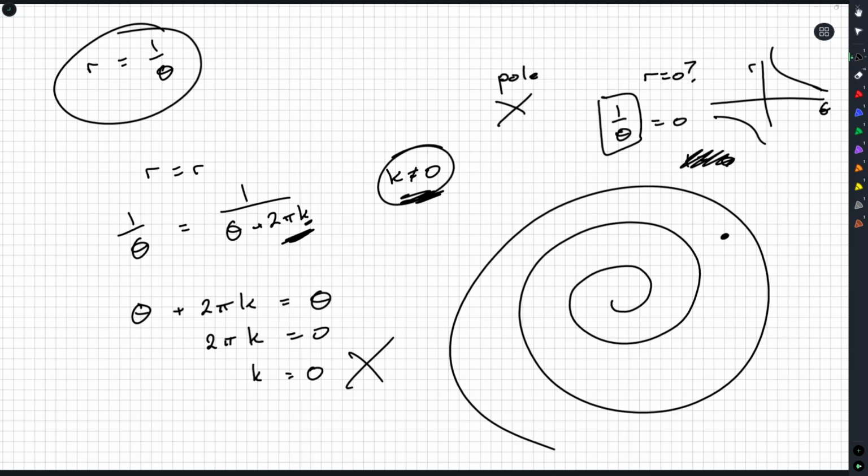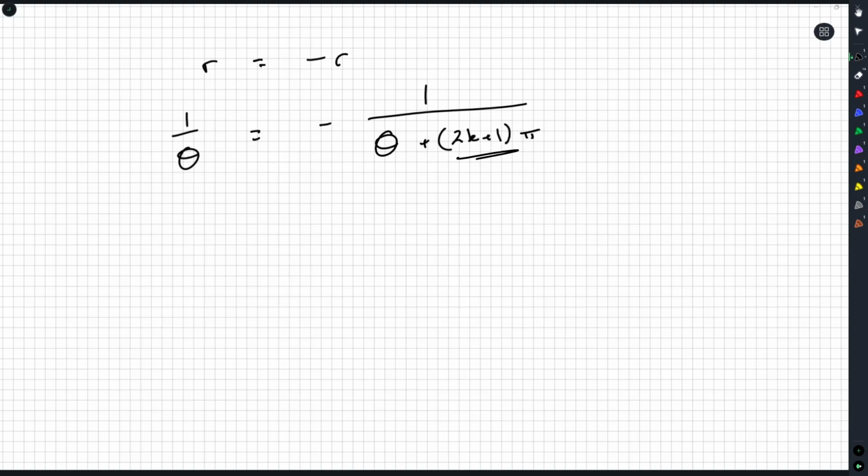So there is one other option, and that is that you get the same distance, but from a positive and negative r, and your thetas are shifted by an odd multiple of pi. So that is the other option. This time, we don't have any restriction on the k value, just any old odd multiple of pi, because there's no way that can be 0, and so there's no way that you're using the same theta value for each.